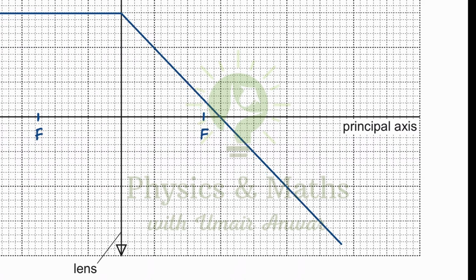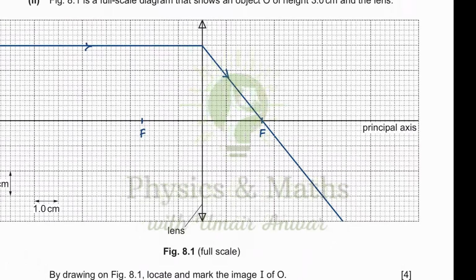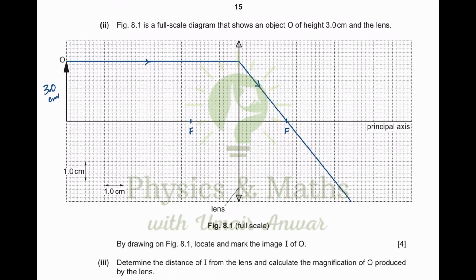So this is the first ray that I'm using for the image formation. Now the second ray that I'm using would be the one which goes through the optical center and continues its path undeviated.